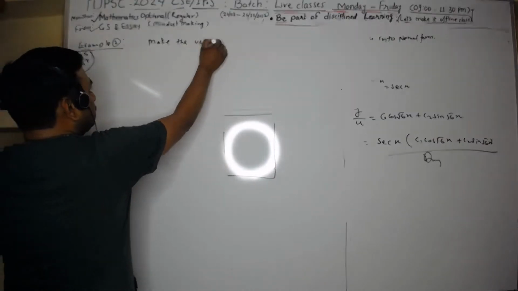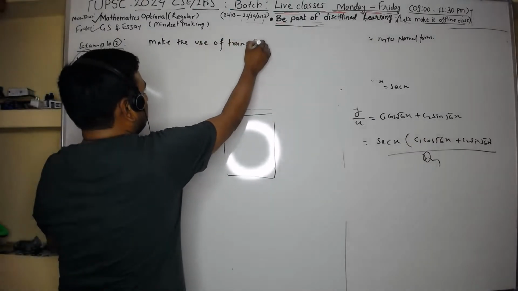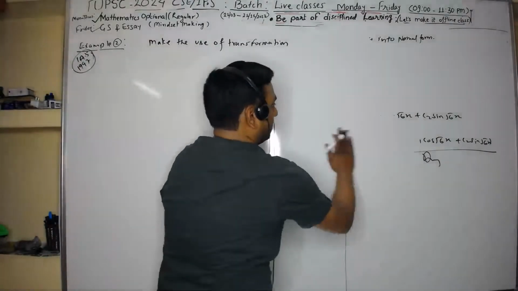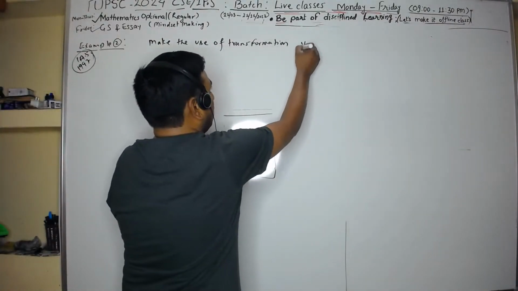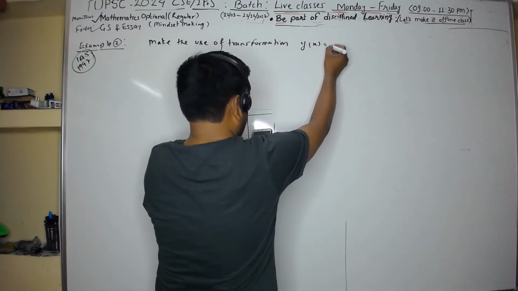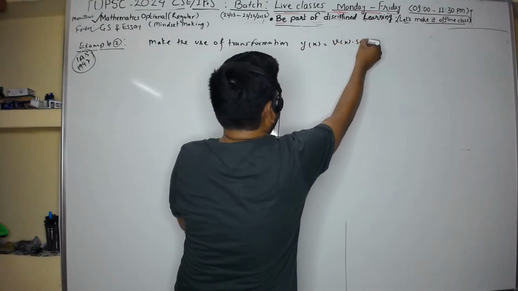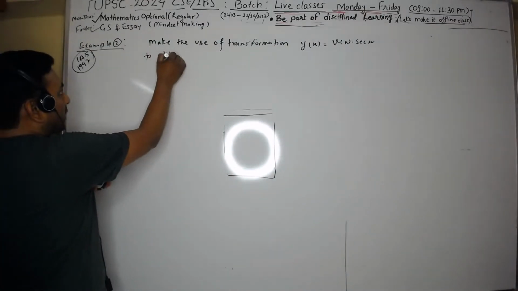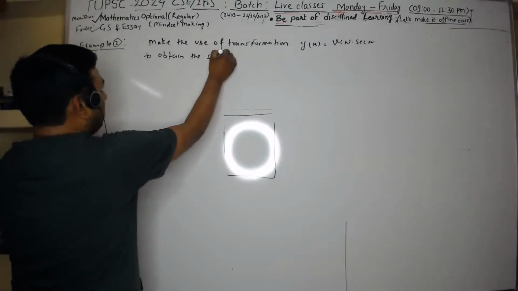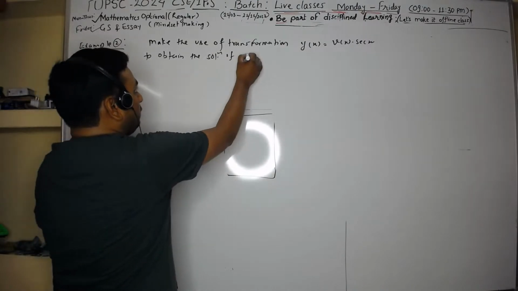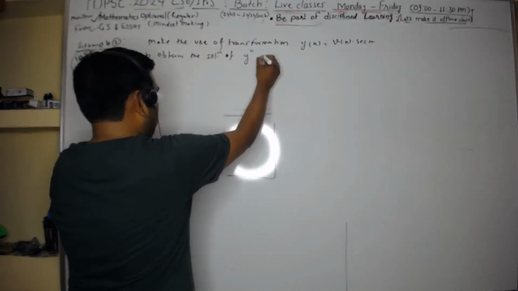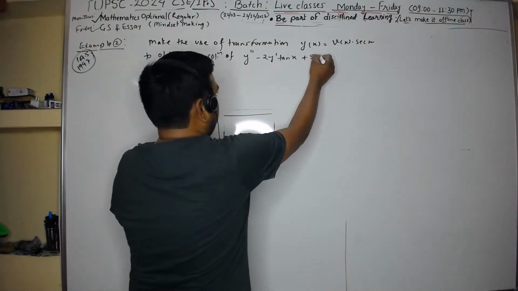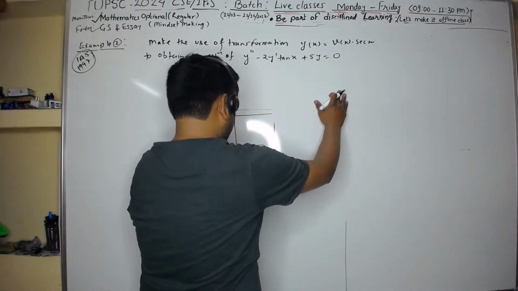They said make the use of transformation y of x equals v of x into sec x, to obtain the solution of y double dash minus 2 y dash tan x plus 5 y equals to 0.